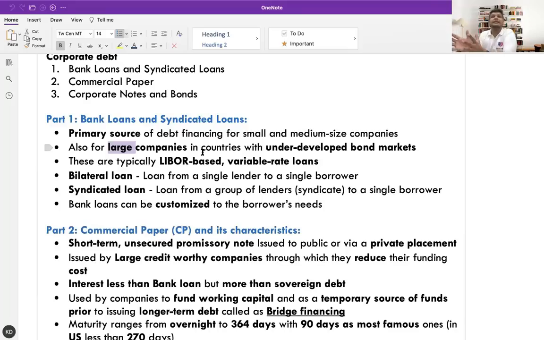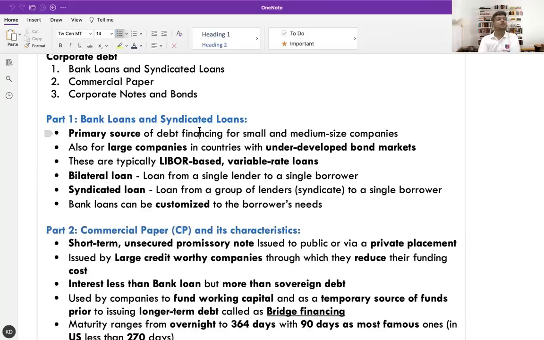There will be a lead bank, let's say State Bank of India, and they will rope in 4 or 5 other banks to fund this amount. That's called a syndicated loan. Bilateral loan, one-on-one. Syndicated loan, multiple lenders for a borrower. Is that clear, everyone? That's a primary way of getting funds for a corporate, isn't it?